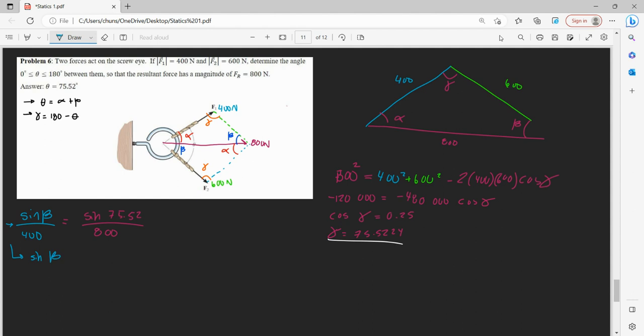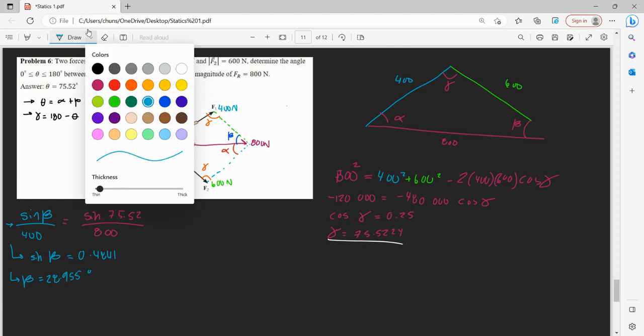Sine beta is equal to that divided by 800, equals 0.4841, and then beta is equal to 28.955 degrees.